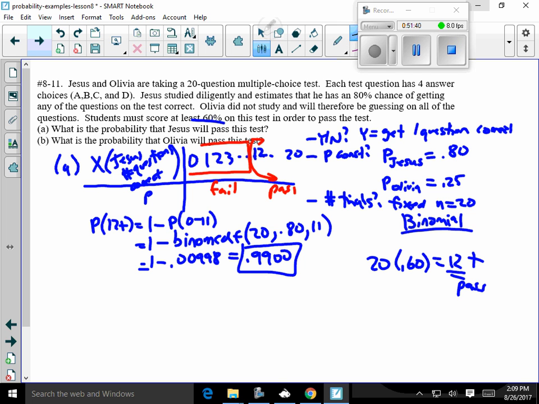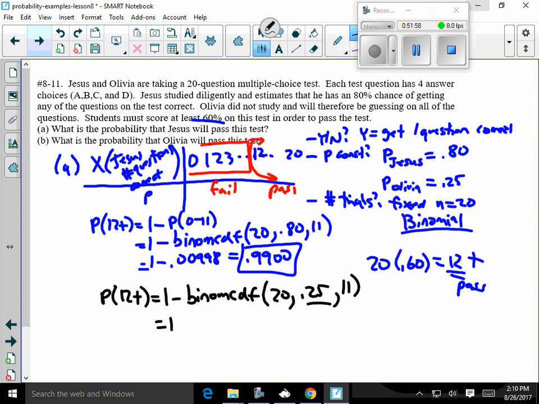Okay? If we do the same thing for Olivia, it's the exact same diagram. We want the probability of 12 plus, but this time for Olivia. The only thing that changes is the probability of a question being correct is not 80%, now it's only 25%. So we have to change her probability of success. That becomes 1 minus 0.99906.